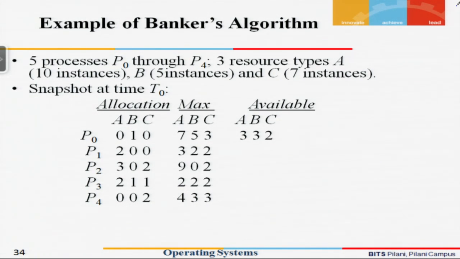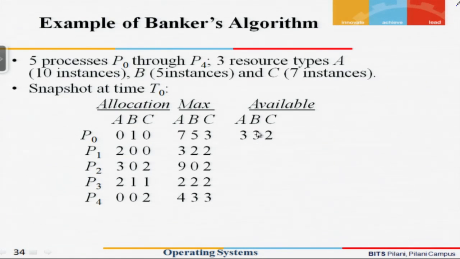Simple example, this is also listed in the book. So we see here that we have 5 processes P0 to P4, and there are 3 resource types, we are calling them A, B, C, and there are 10 instances of resource type A, 5 instances of resource type B, and 7 instances of resource type C. At a given point of time, max is this, allocation is this, and availability is this.